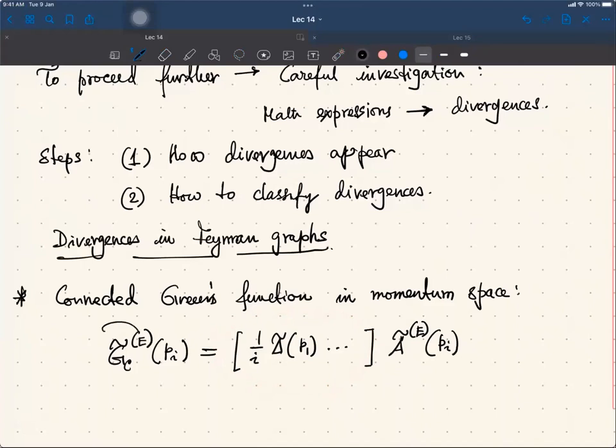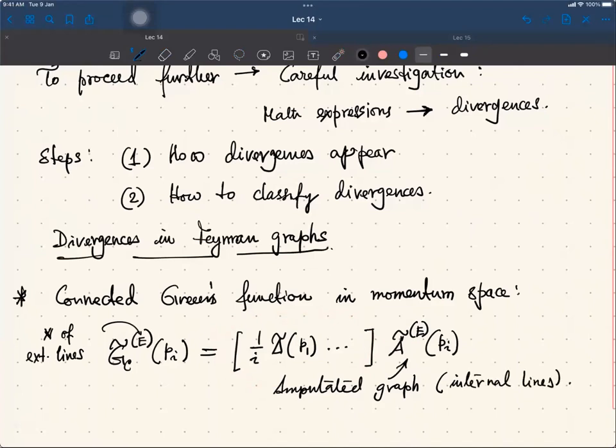So E is the number of external lines, and this is an amputated graph. It has only internal lines, okay?